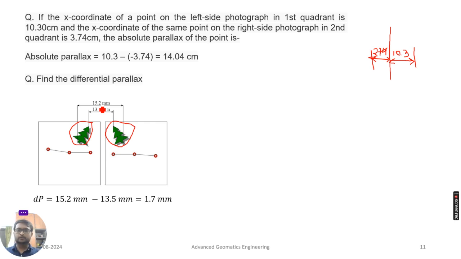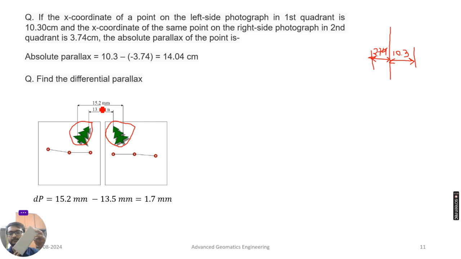Okay, so differential, it means, let's say I have this pen, or consider we have this box like this. Here we have the top and bottom. So we have this top surface and this bottom surface.